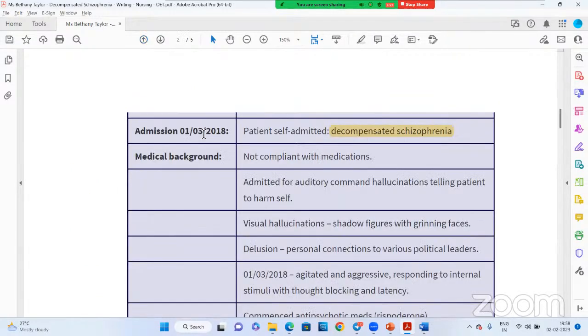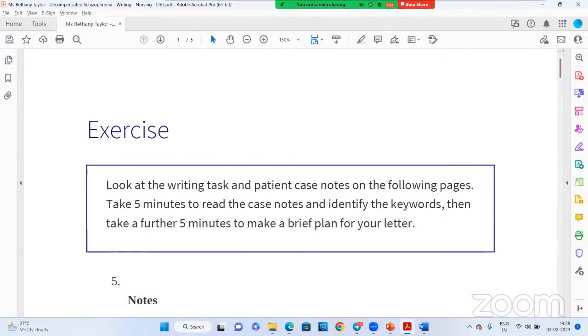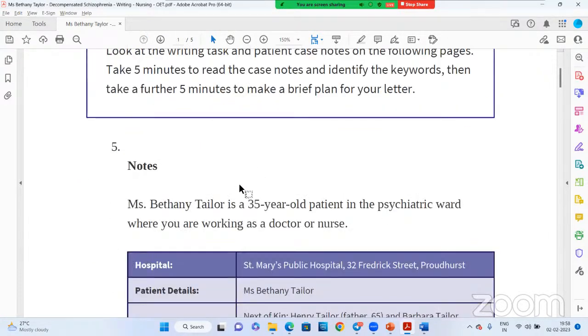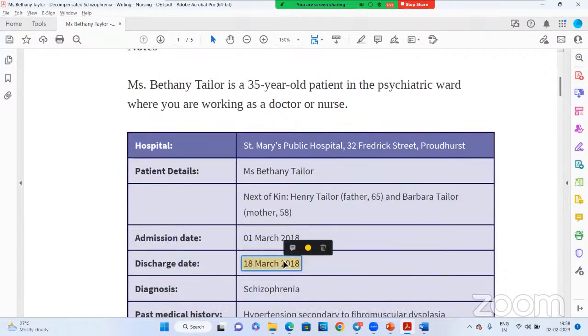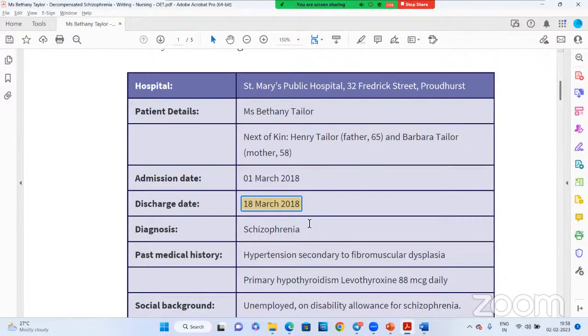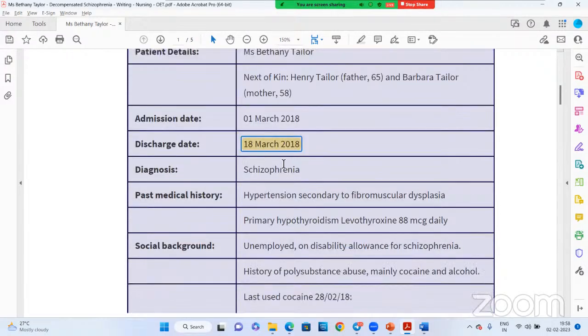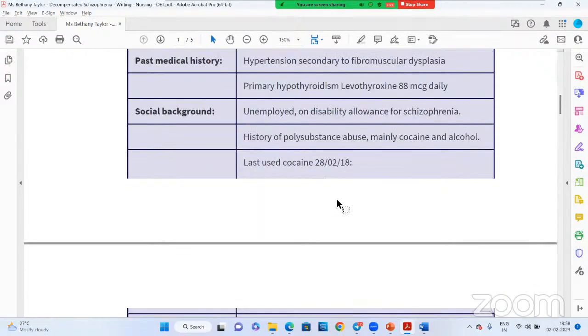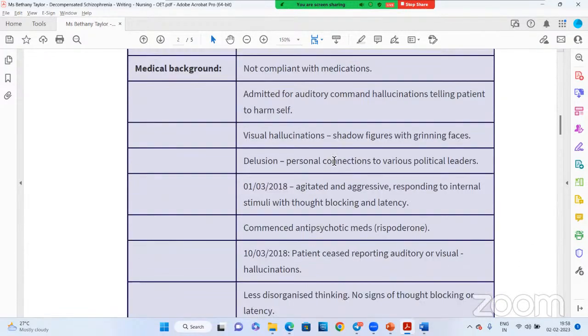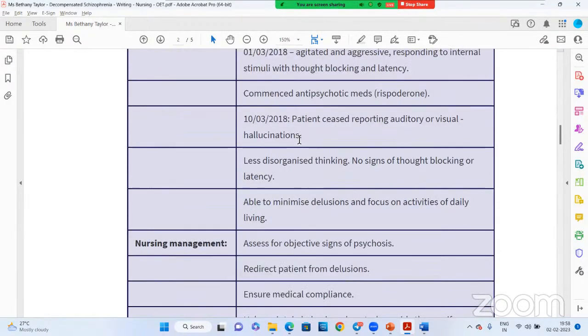It is very clearly mentioned in the case notes that 18th March is the discharge date. One day before you can write, but not one day after. Or did they come again after discharge with the letter? Otherwise, it's a mistake.